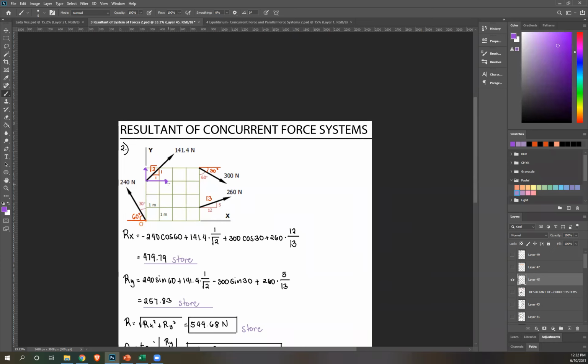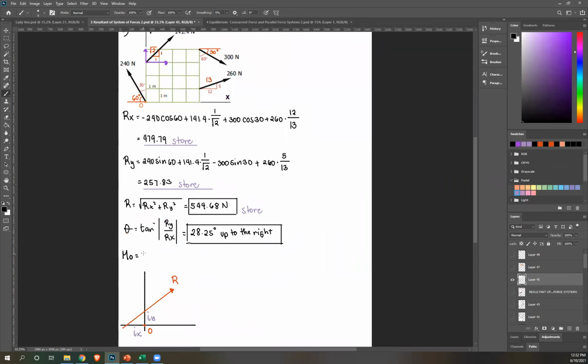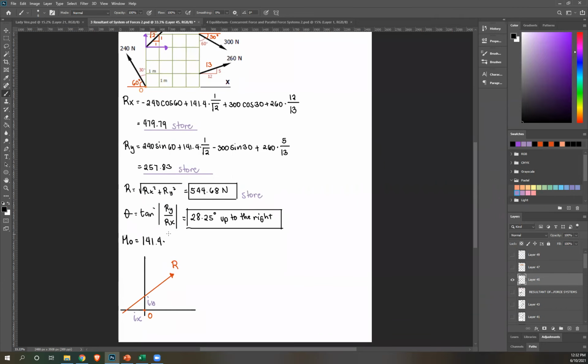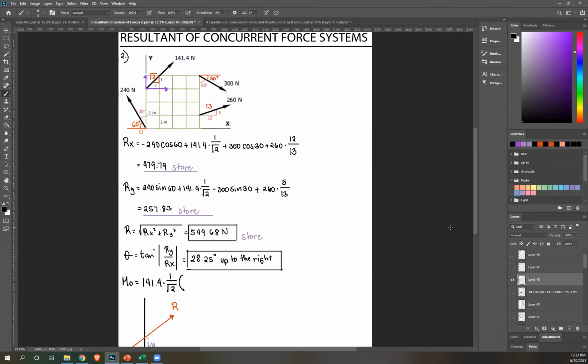So we're left with the X component. Rotate that about O, that's positive. So positive X component of 141.4. So 141.4 multiplied by 1 over square root of 2 to get its horizontal component and multiply that by its perpendicular distance. That's 1, 2, 3 boxes. Each box is 1 meter, so that's 3 meters.